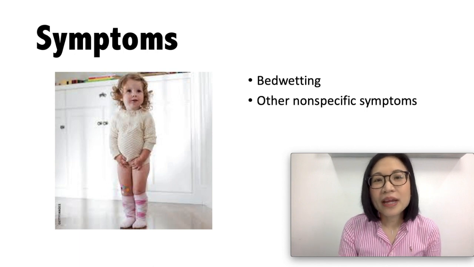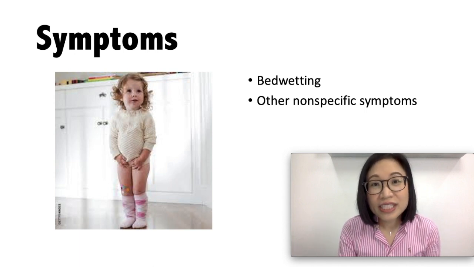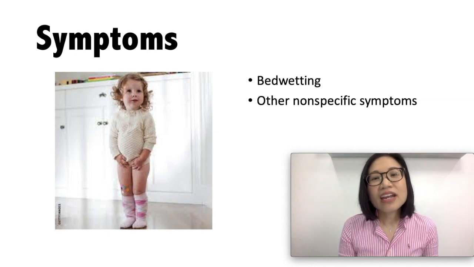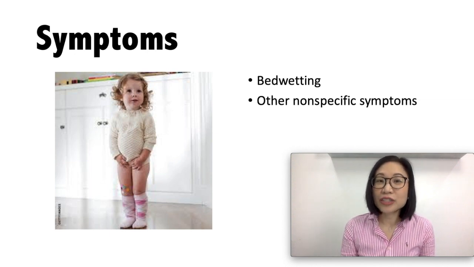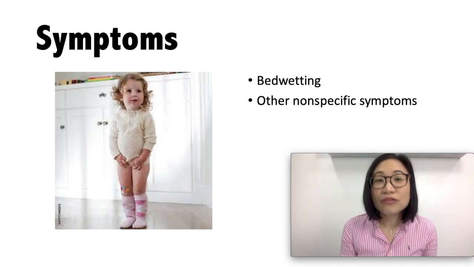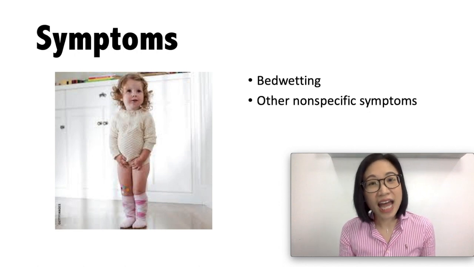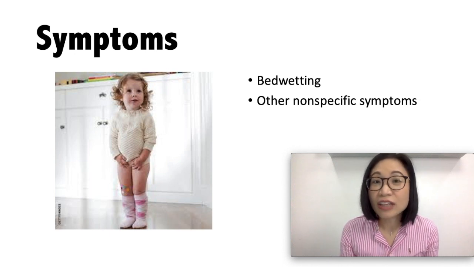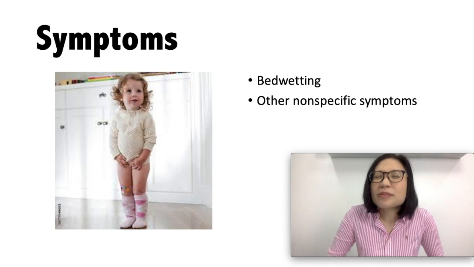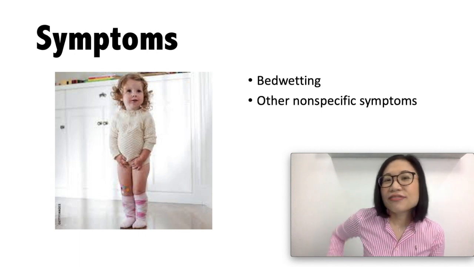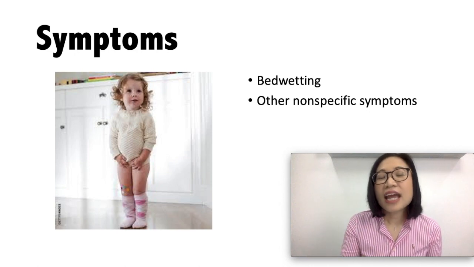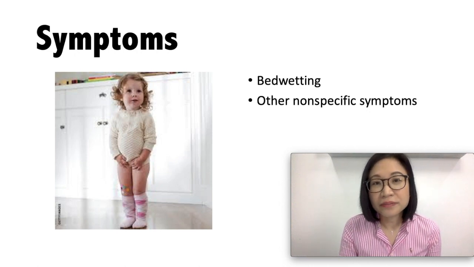Another symptom, if there is loss of previously established bladder control like bedwetting. And other non-specific symptoms that you should worry about include fever, especially if it's high, if it's 39 degrees Celsius or 102.2 degrees Fahrenheit or higher, if there is belly pain, flank pain, nausea and vomiting, or blood in the urine.